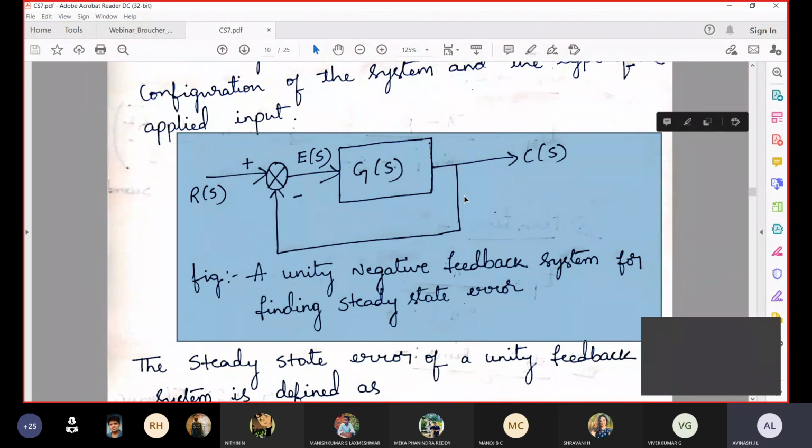Take this particular diagram, where R of S is the input, C of S is the output, and G of S is the block gain. E of S is the error signal. What will this error signal's value be equal to? R of S minus C of S. Why? Because C of S is being taken from the feedback side.